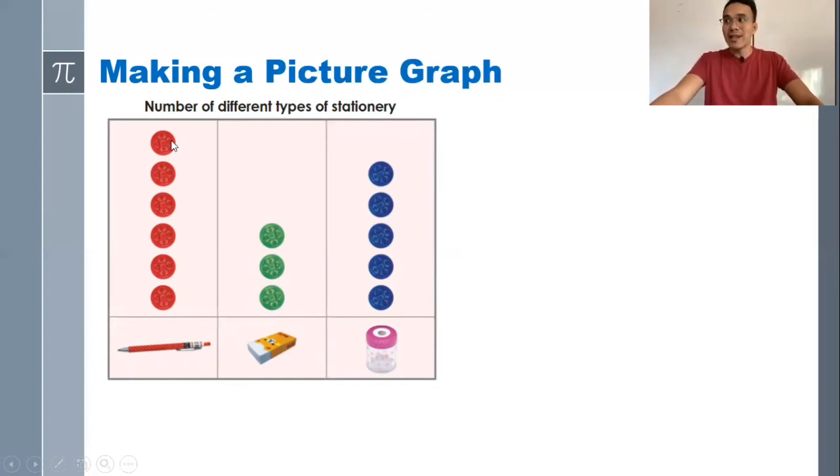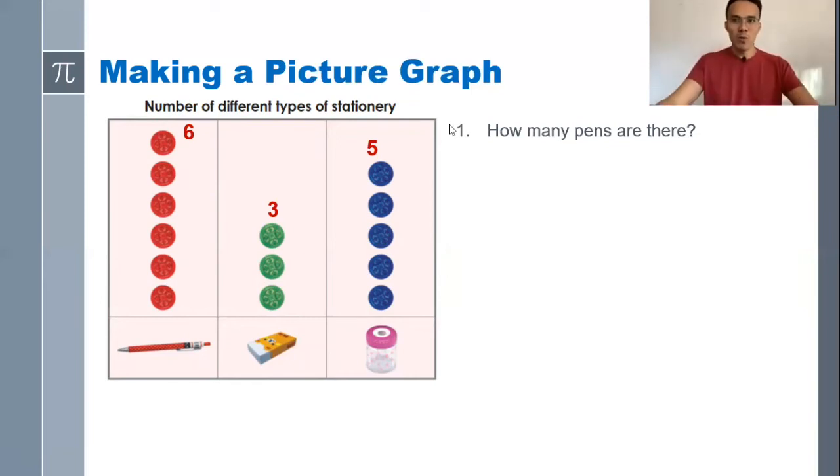So there are 6 here, so we write 6 on top. There are 3 green chips, so we write 3 on top. There are 5 blue chips, so we write 5 on top. Remember that these numbers represent the number of pens, the number of erasers, and the number of sharpeners in the group.